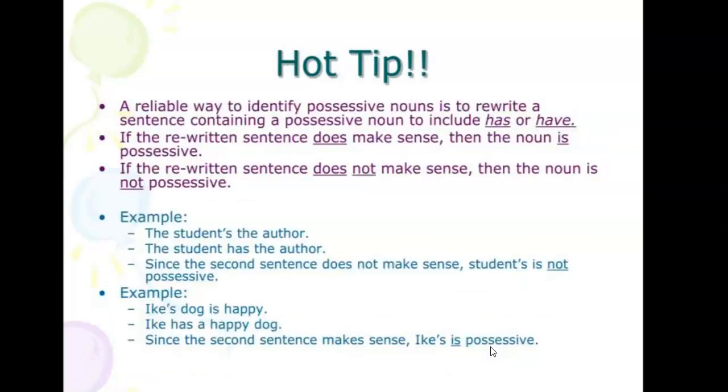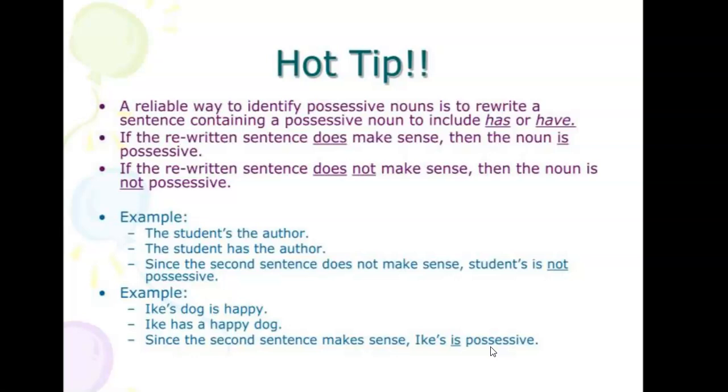Hot tip. A reliable way to identify possessive nouns is to rewrite a sentence containing the noun to include has or have. If the rewritten sentence makes sense, then the noun is possessive. If the rewritten sentence doesn't make sense, then the noun is not possessive.